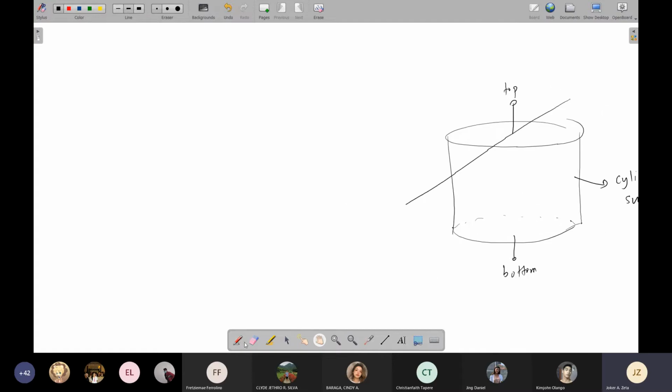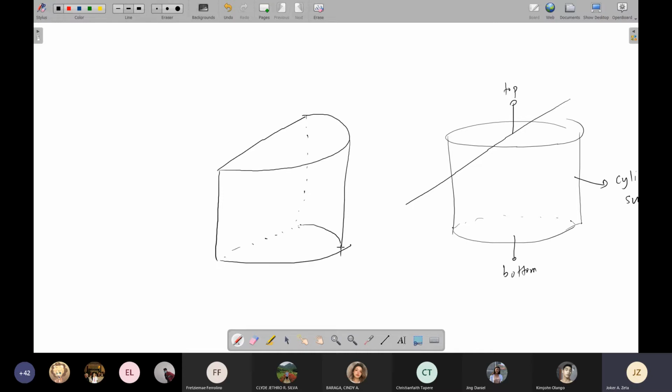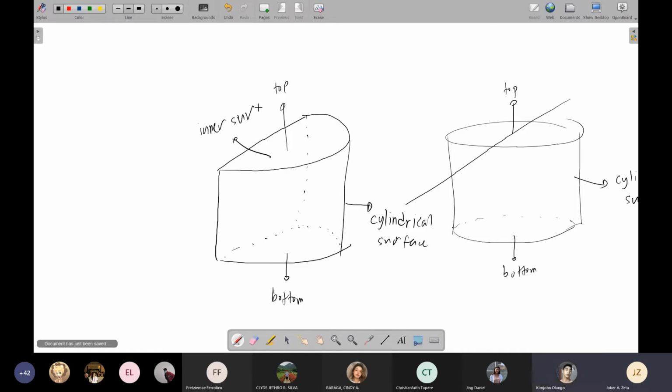So I have a cut-out in the cylindrical surface, like this. Now how many surfaces is that? Technically, it is no longer just three surfaces. You have the top surface, the bottom, the cylindrical surface, and this inner side surface. So you have 4 surfaces.